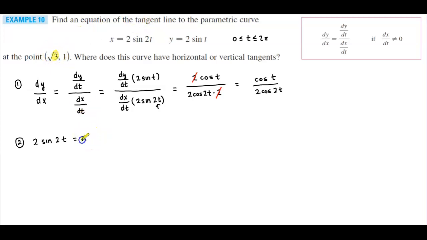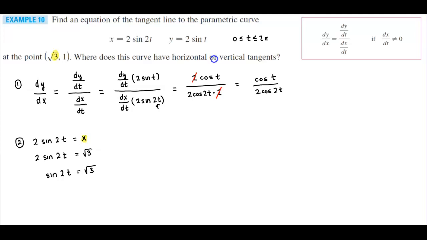So we're going to replace this x with the square root of 3, and then we're going to solve for t. So we have 2 times the sine of 2t, and that's going to equal the square root of 3. Now if we divide both sides by 2, we have the sine of 2t, which is equal to the square root of 3 over 2.